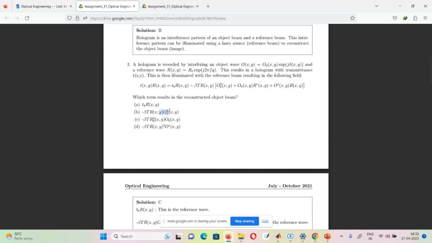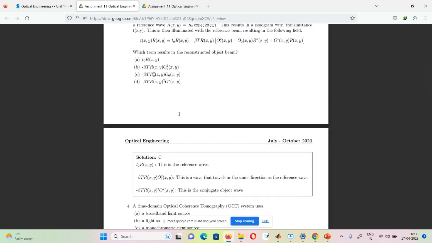It will have some amplitude information, but here there is an R of xy, the reference beam, which actually dominates. This is the reference beam modulated with the amplitude of your sample beam, containing only intensity information and no phase information. So it is like a modified reference beam, and you will not have the proper information of your sample at that time.